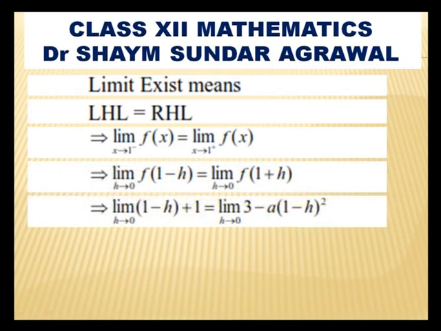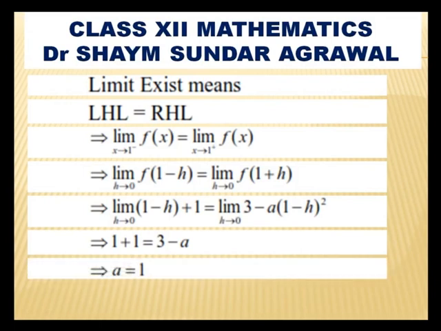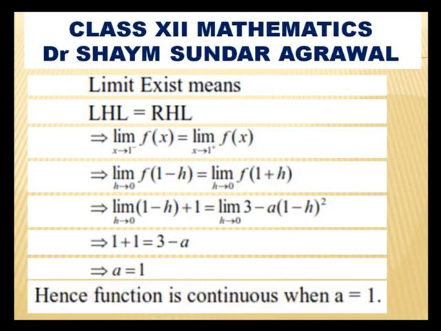That is, limit h tends to 0 of 1 minus h plus 1 equals limit h tends to 0 of 3 minus a into 1 minus h whole square. Putting the limiting value, left hand side is 1 plus 1 and right hand side is 3 minus a. So a is equal to 3 minus 2, that is equal to 1. Hence the function is continuous when the value of a is equal to 1.